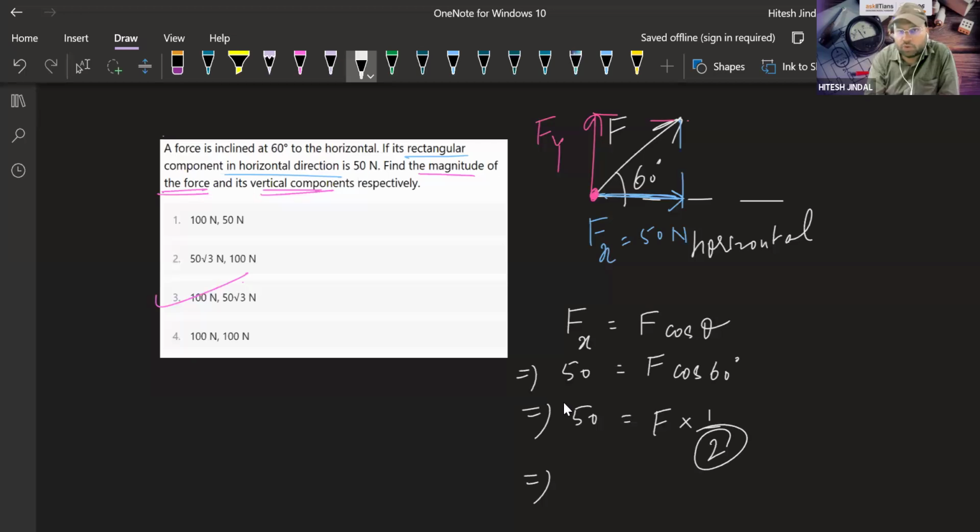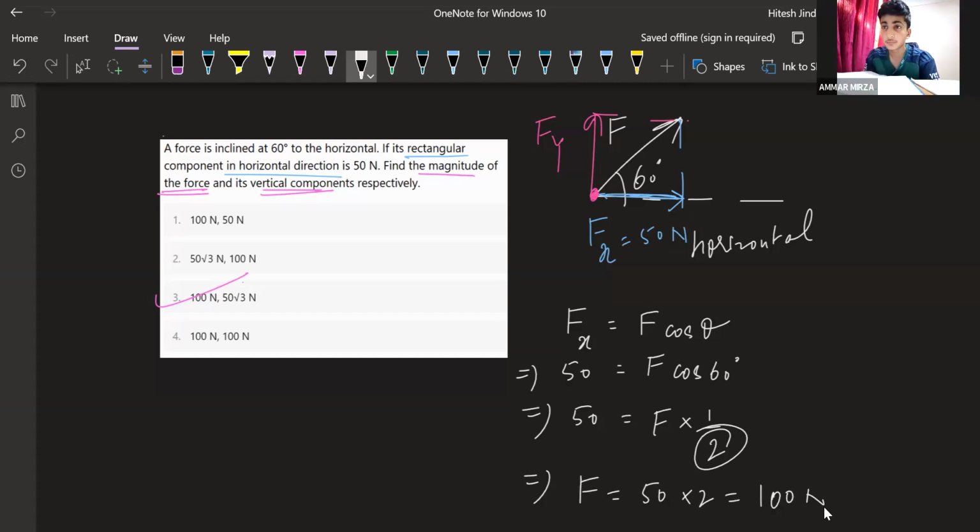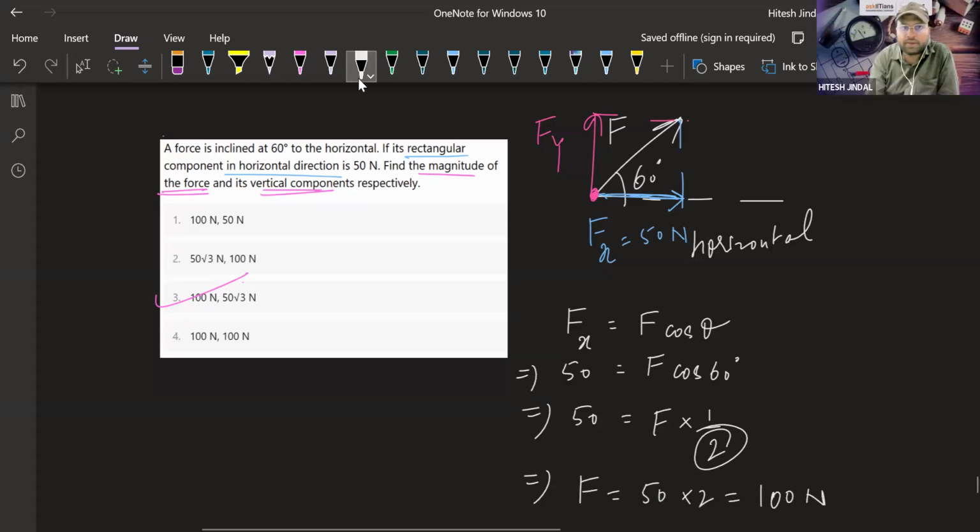So this 2 will go to that side, so it will be 50 into 2. So F will be 50 into 2, that is 100 Newton. Correct, Ammar, very good.